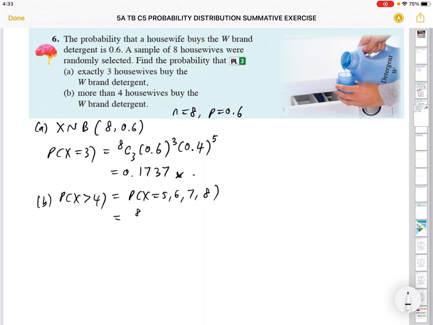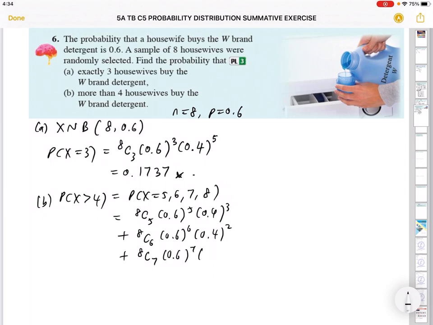8C5, 0.6 power 5, 0.4 power 3. Yeah, 8C6, 0.6 power 6, 0.4 power 8 minus 6 is 2. 8C7, 0.6 power 7, 0.4 power 1.